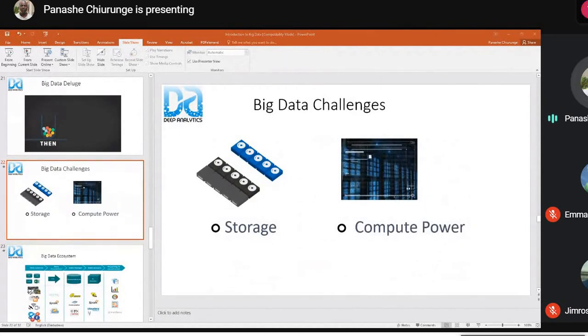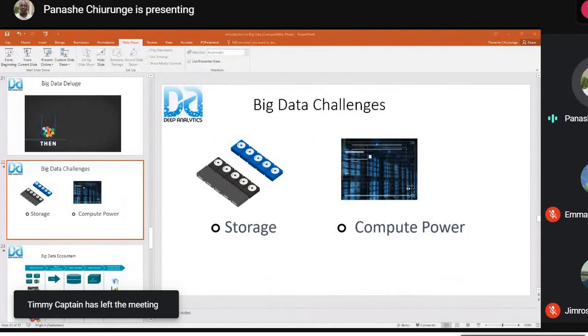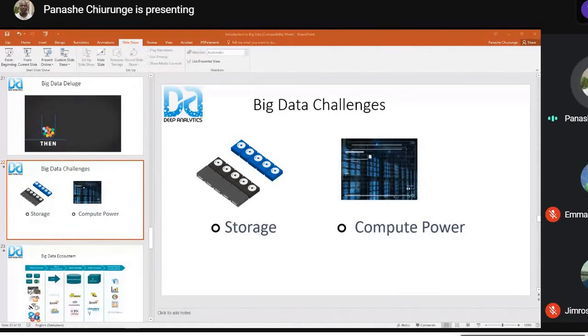And we spoke about virtualization. Part of the challenge of big data obviously is the storage, because you're generating a lot of data. Obviously you need to store it somewhere, right? So storage becomes an issue, and also for you to be able to analyze that vast amount of data, you need a large amount of compute capability.